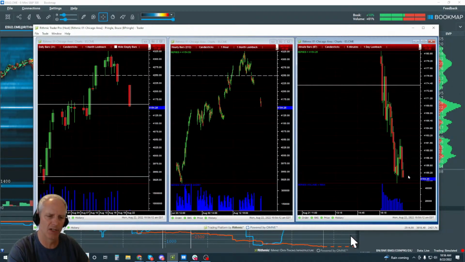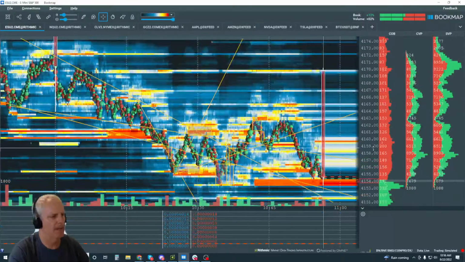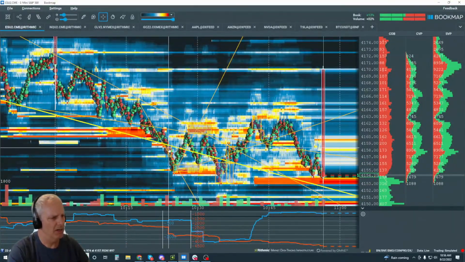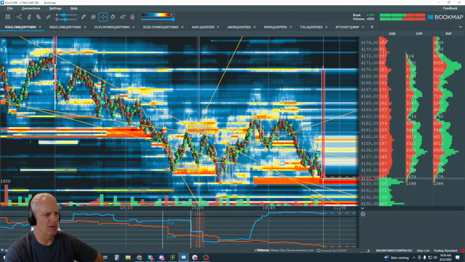Now we're looking for the continuation to the downside, and here's what it looks like in Bookmap, right? Here's this move up, and then the failure, and then the move back down. We were going through the different scenarios in here.